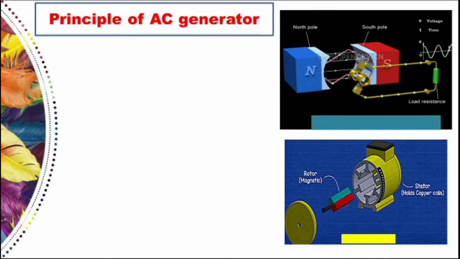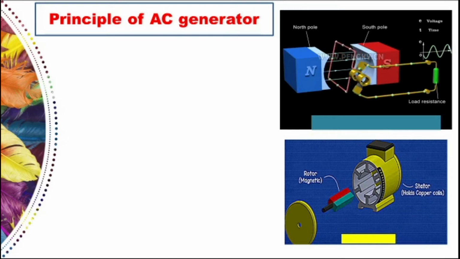Let us learn the principle behind the machine, the AC generator. Alternators work on the principle of electromagnetic induction. Here I use the word alternator or AC generator because there are lots of differences between a generator and an alternator.